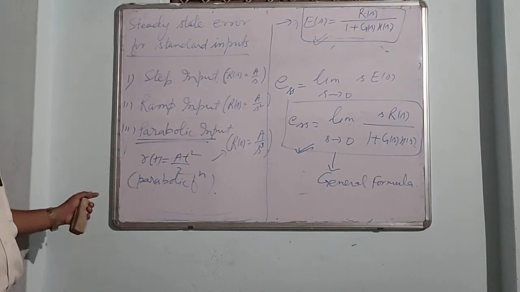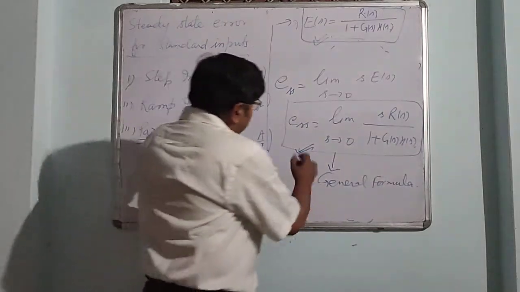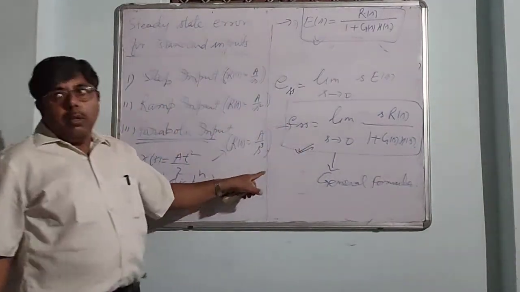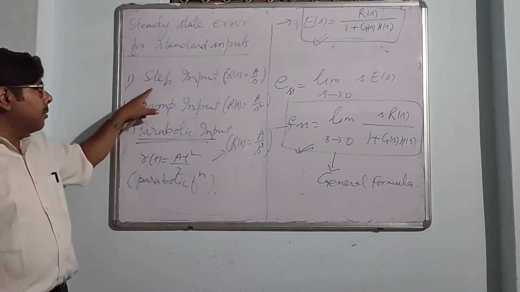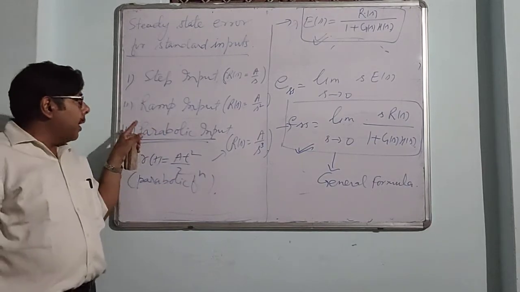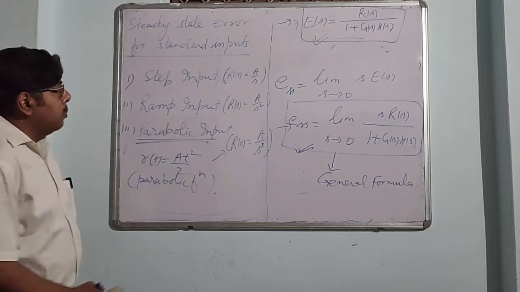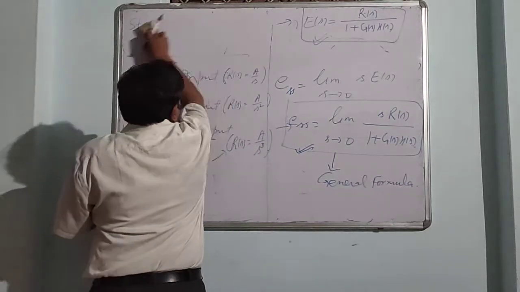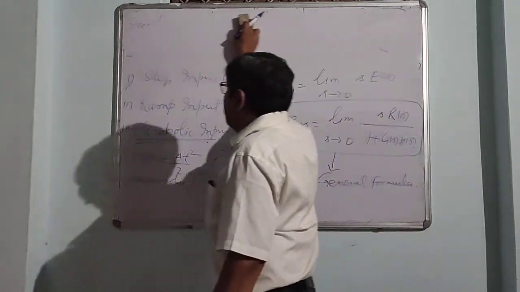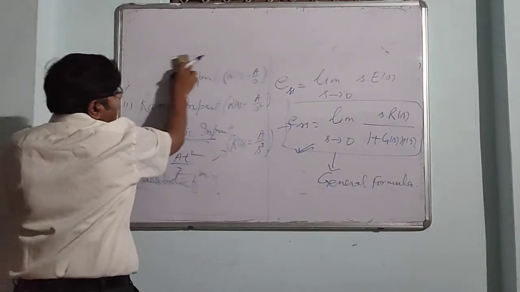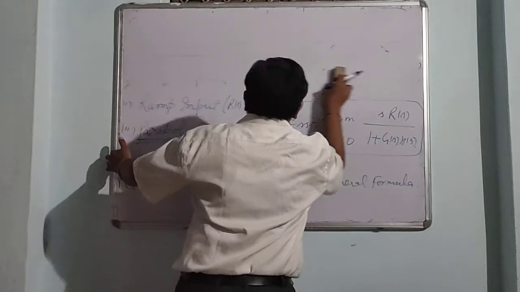Now we will calculate steady state error using this expression for all these three standard inputs, that is for step input, ramp input, and parabolic. So first take step input and find out the error.